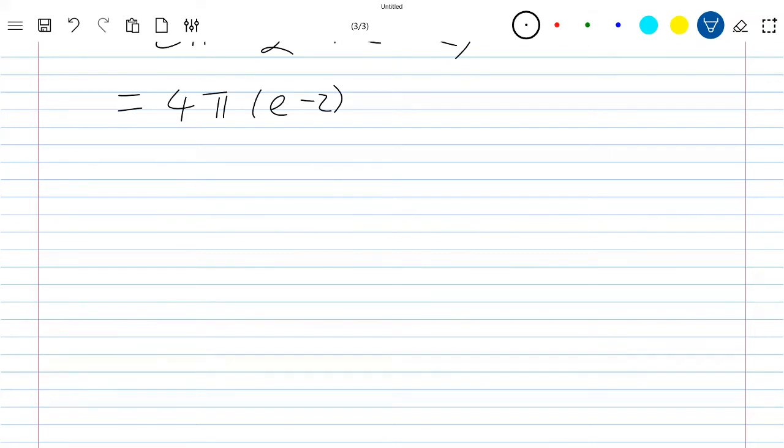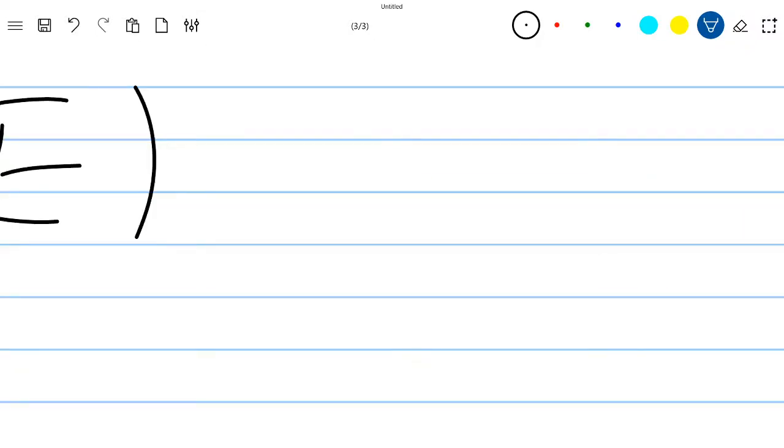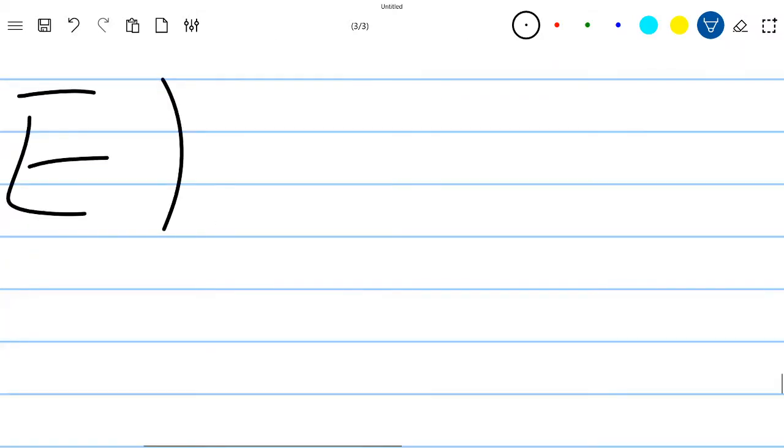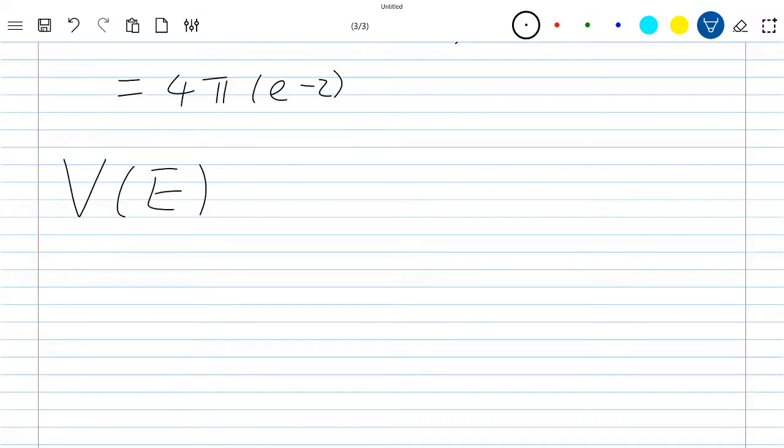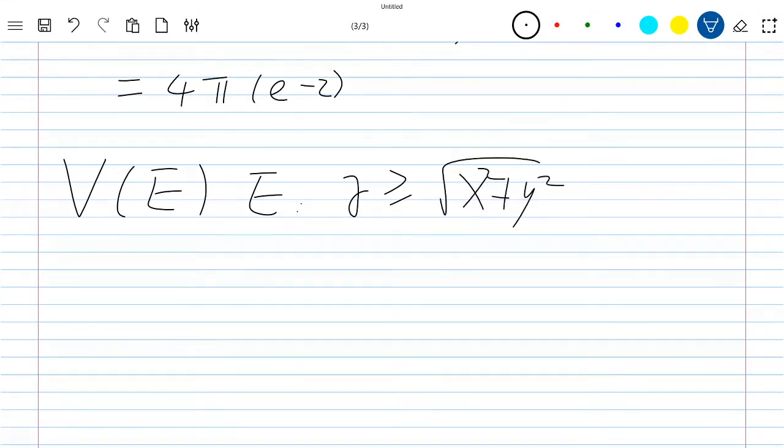Let's see another example. This one would be a little bit more complicated. It asks you to find the volume of a 3D domain, and the 3D domain is like this. E is defined by z is greater than or equal to that, and z is less than or equal to that.